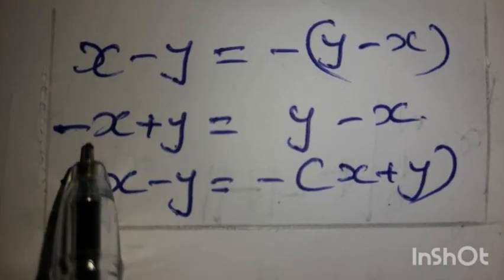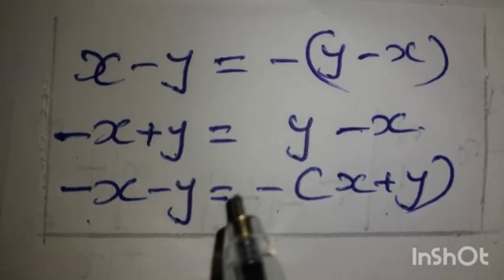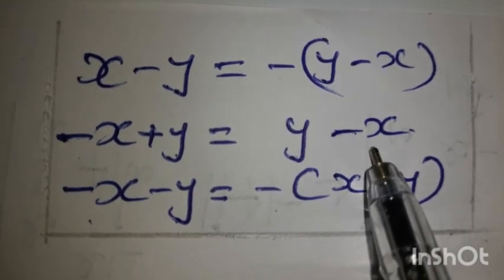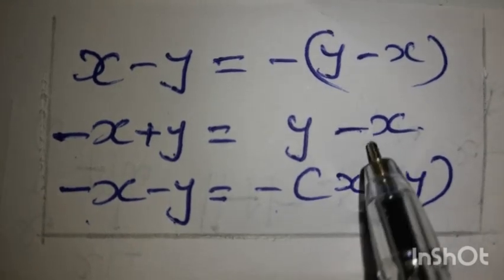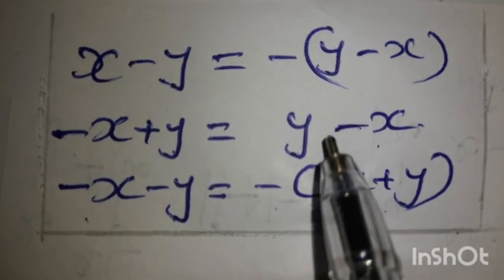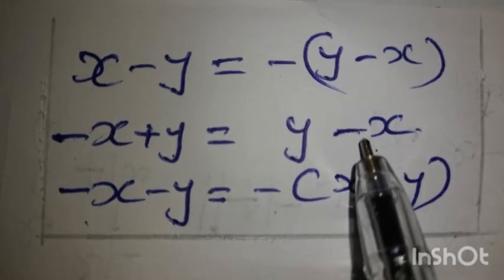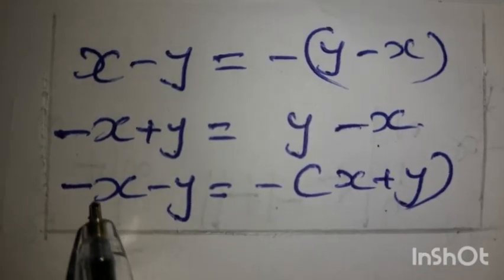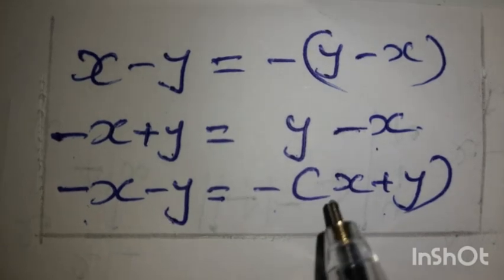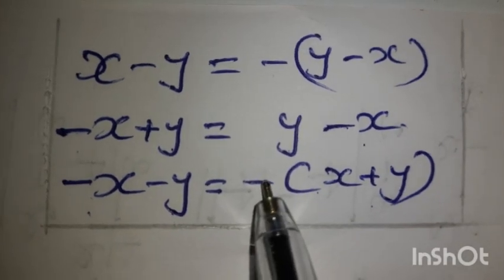If the first number is minus and the second number is plus, here also remember the same thing. And if both the numbers are minus, the numbers are added and you keep the minus sign.